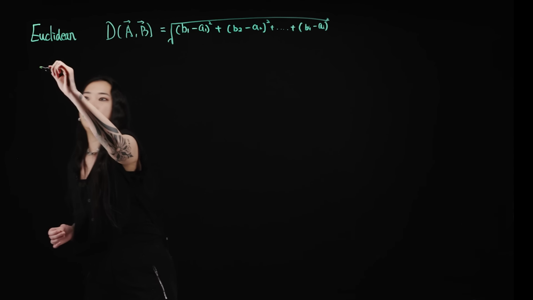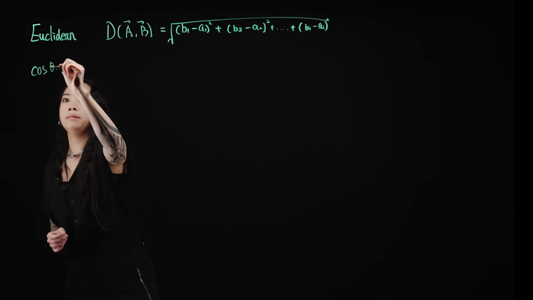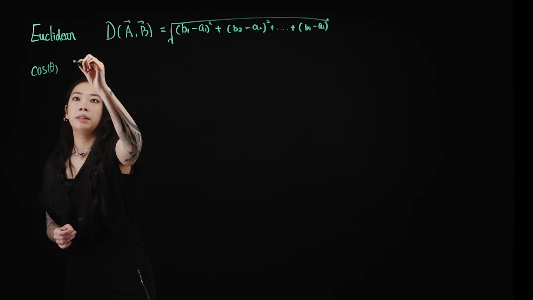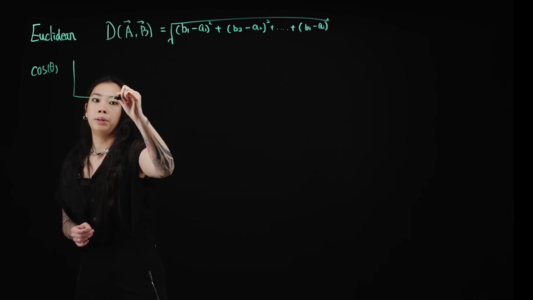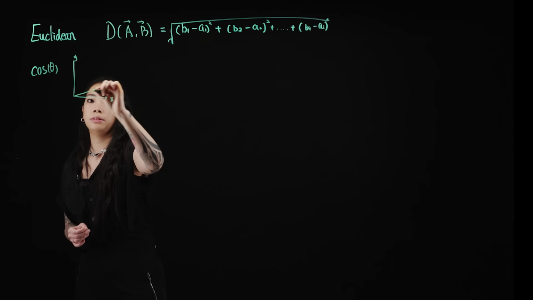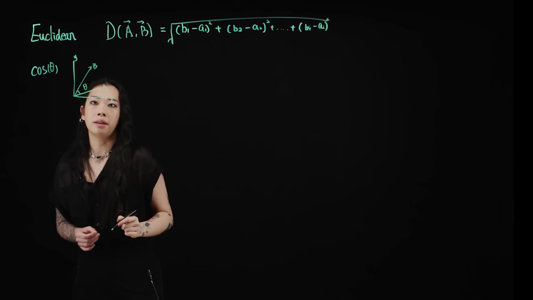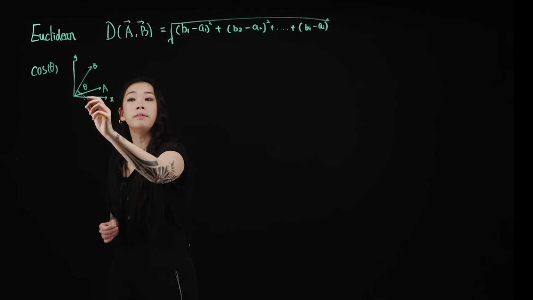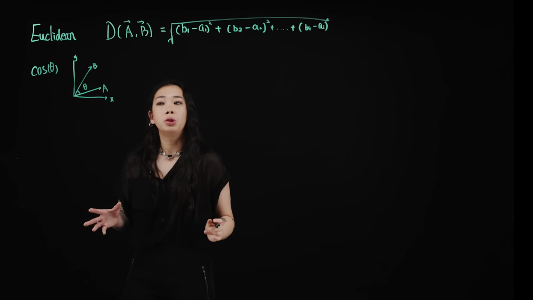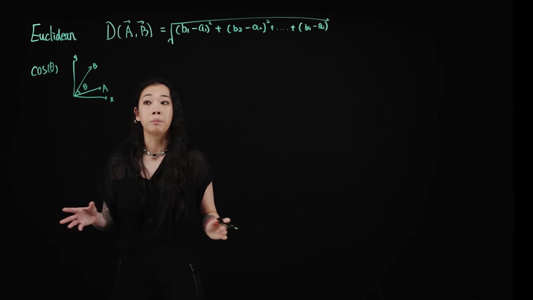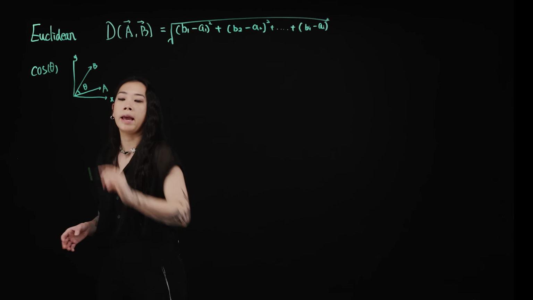The cosine similarity, on the other hand, measures the angle between the two vectors, vector A, vector B. The angle between them is theta, and we calculate the cosine of theta. The closer the two vectors are in their semantic meaning, the smaller the angle will be.